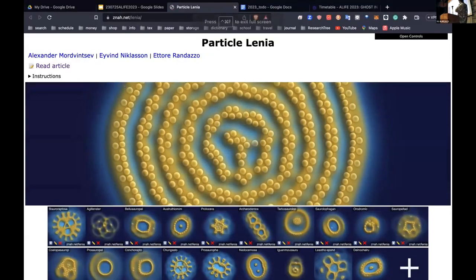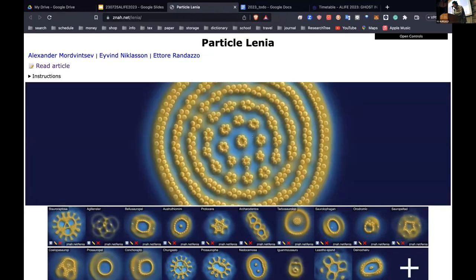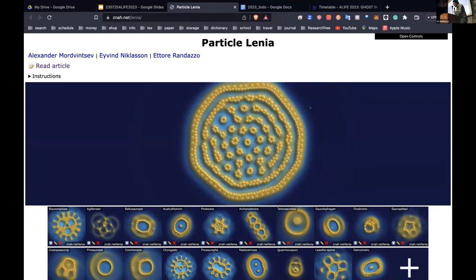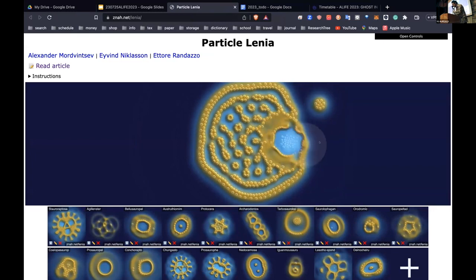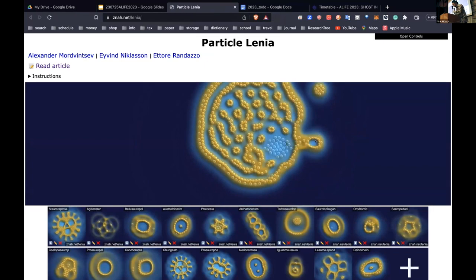This is a Particle Lenia demonstration created by the Google team. For example, we can easily pick up part of the particles like this, so we can easily apply a perturbation like this.